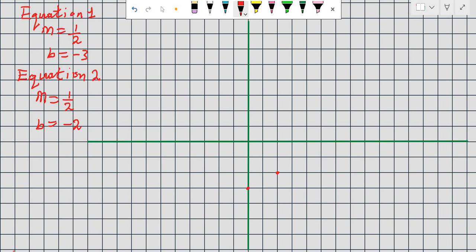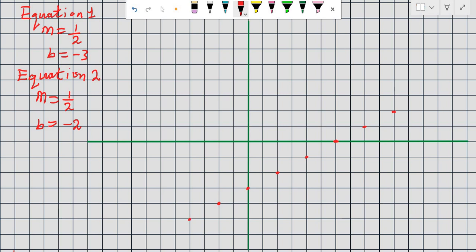So from this point, we count 1 step up and 2 steps to the right, and repeat this several times. We can also come back to the y-intercept and count 1 step down and 2 steps to the left. Good.